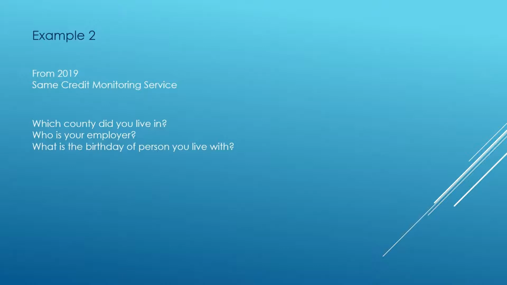Then they asked me another question: what is the birthday of a person you live with? I never lived with this person, and this person used my address while relocating to a different location. I don't know the date of birth of this person and I failed my authentication.